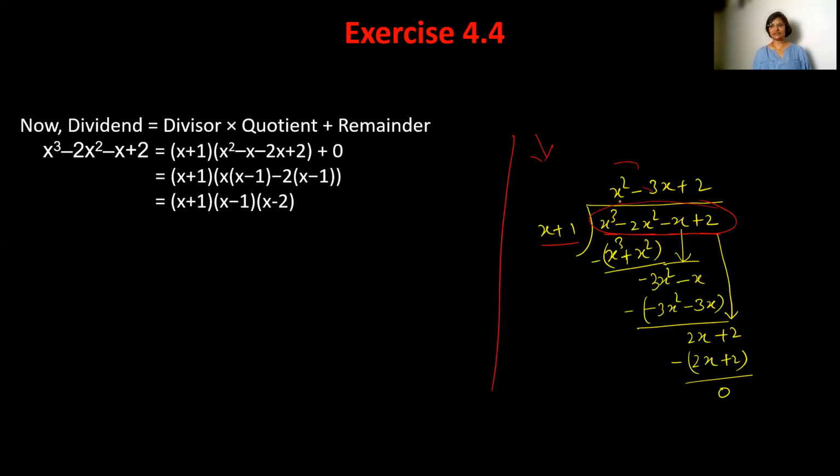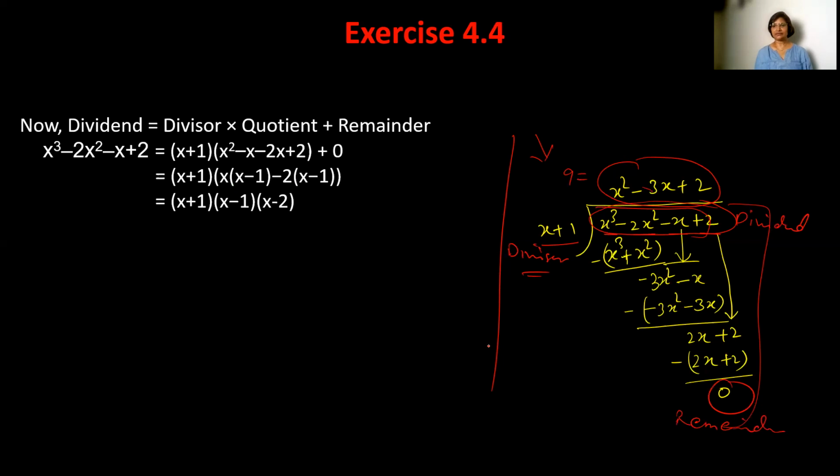After division we got this quotient. This is the quotient, this is the divisor, this is the dividend, and this is the remainder.